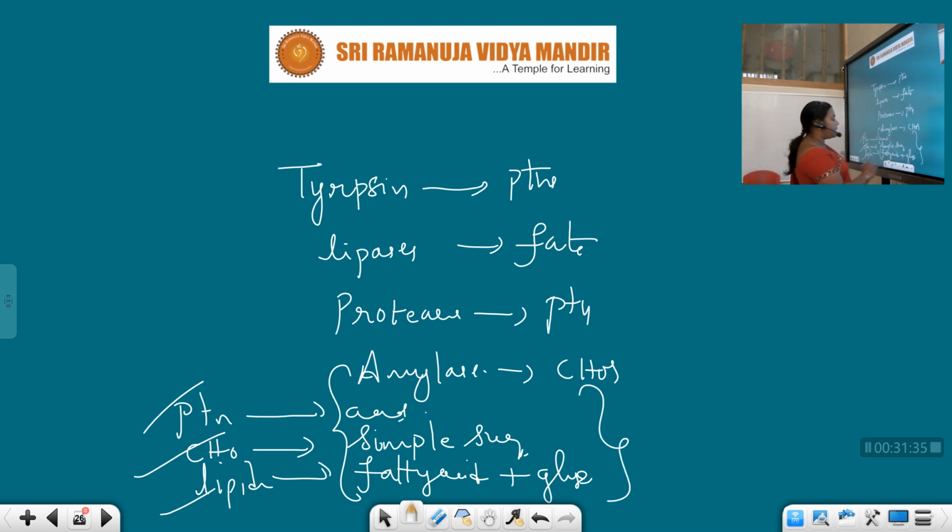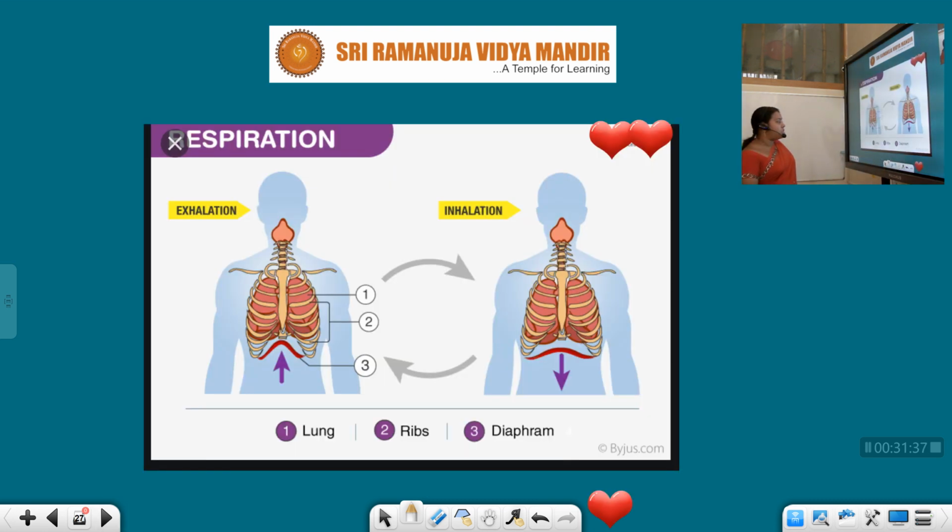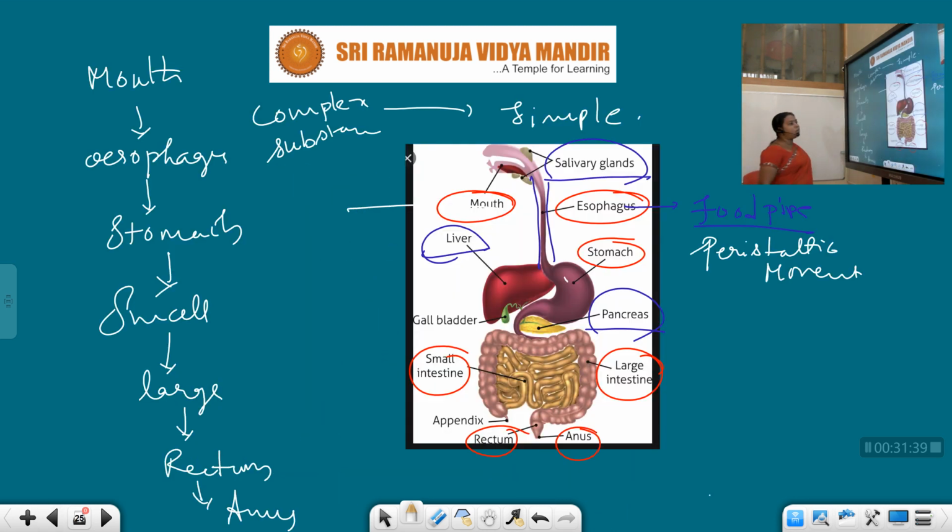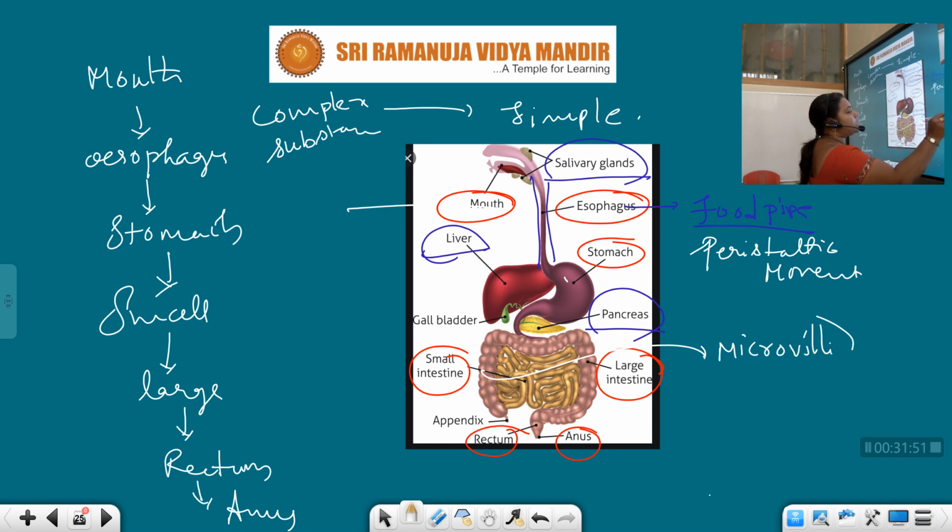Now all these nutrients are very much essential for the body, and they will be absorbed in the small intestine with the help of villi. Microscopic villi, the microvilli, are present in the small intestine.